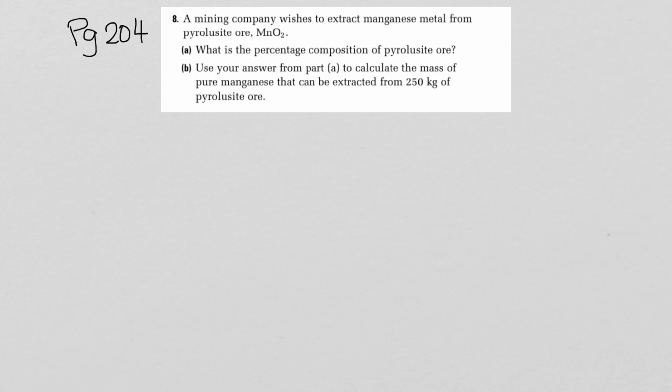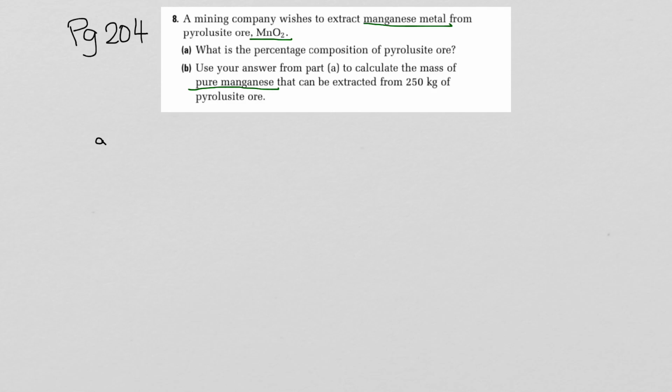Let's take a look at another example. This is on page 204, number 8. It says a mining company wishes to extract manganese metal from MnO2, pyrolusite ore. A, what is the percentage composition of pyrolusite ore? B, use your answer from part A to calculate the mass of pure manganese that can be extracted from 250 kilograms of pyrolusite.